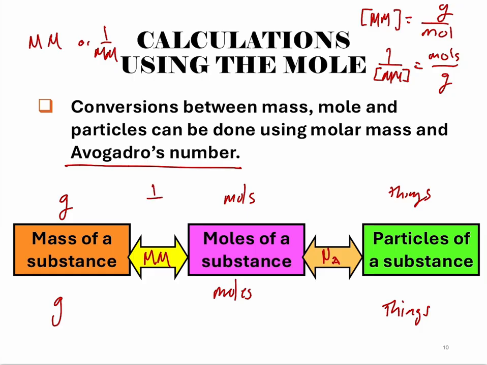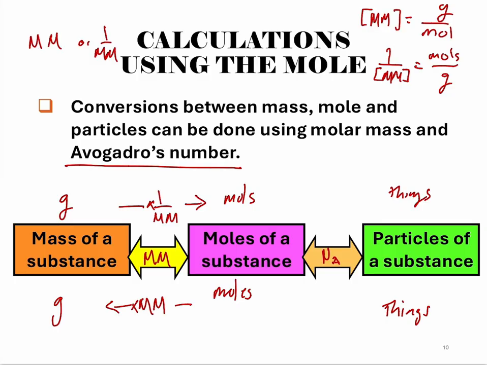So this is going to be 1 over the molar mass is how we get in this direction. If we go from moles to grams, that means we want grams in the numerator. Should we multiply or divide by the molar mass? We should multiply. We just multiply by the molar mass.